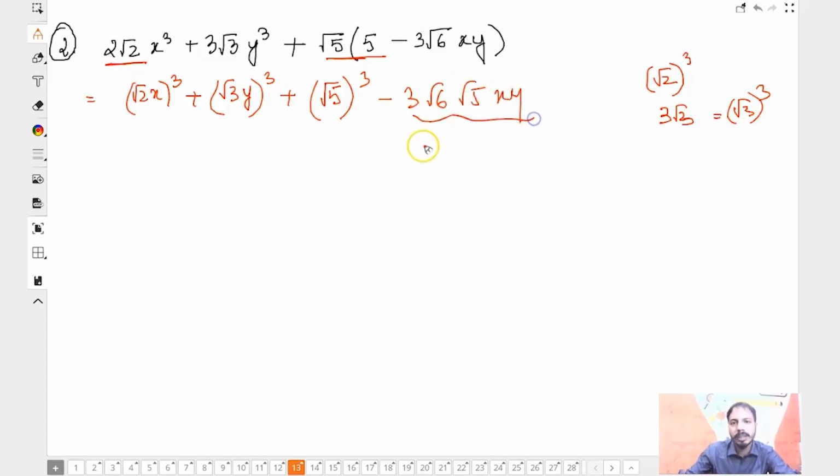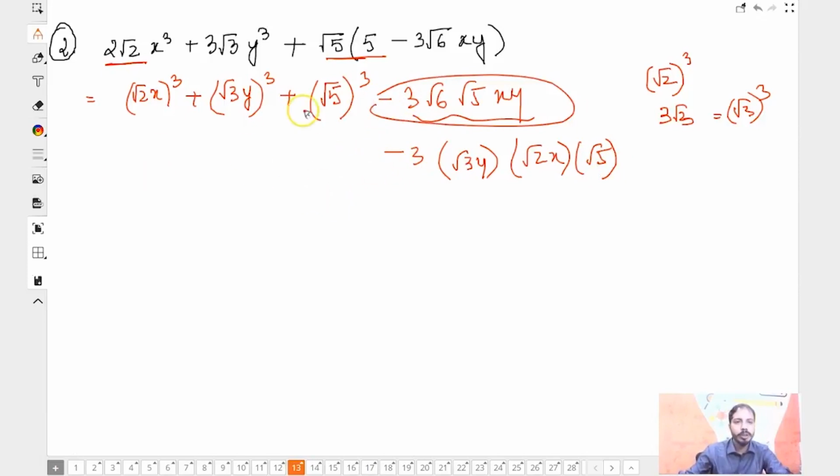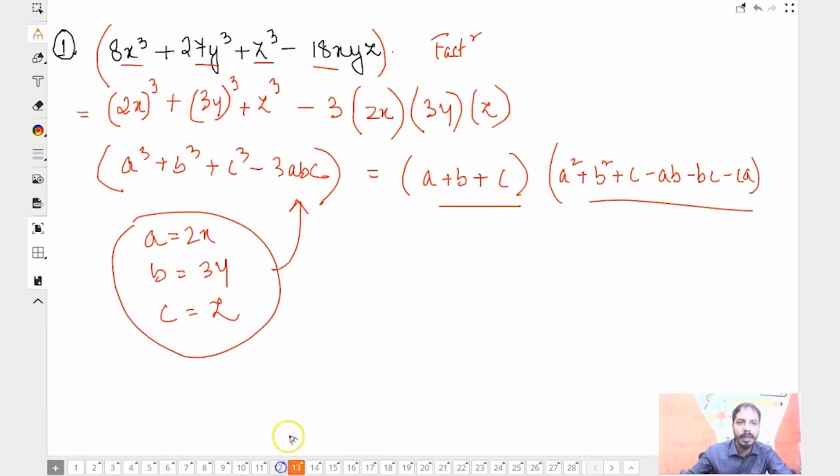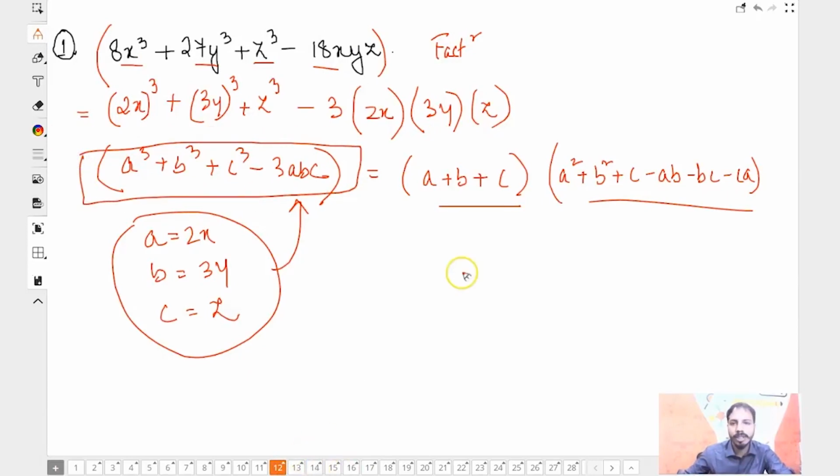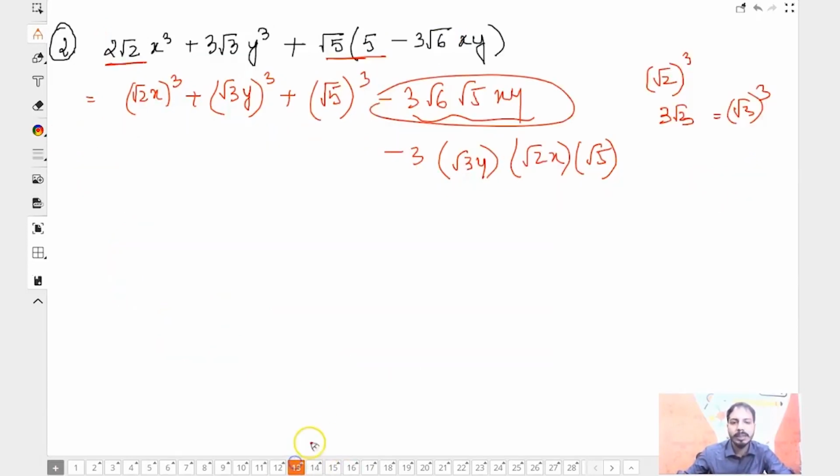What do I do to this term? I can write it as minus 3 into root 3y into root 2x into root 5. Right? So I can write this term in this way. So now again I can apply this same identity here, and in place of ABC, I have this as A, this as B and this as C. Just put the values, find the factors. Simple.